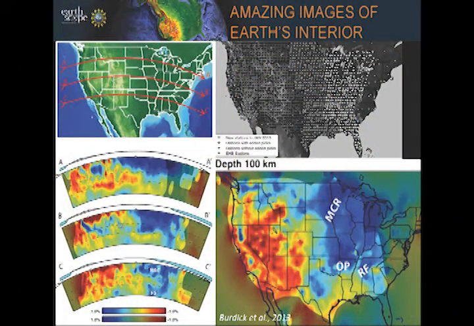I'll start with the seismological results, the structural results. This is work from the MIT group, able to update almost on an annual basis as the transportable array has moved across North America, their models for the seismic wave speed underneath North America.